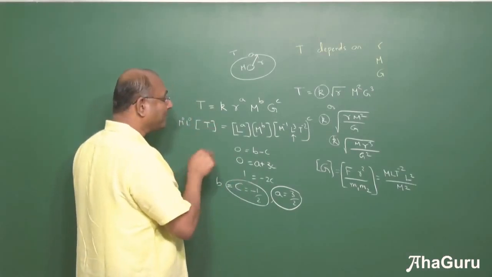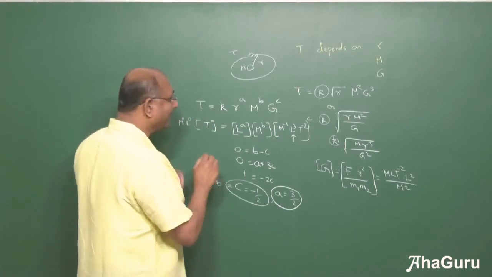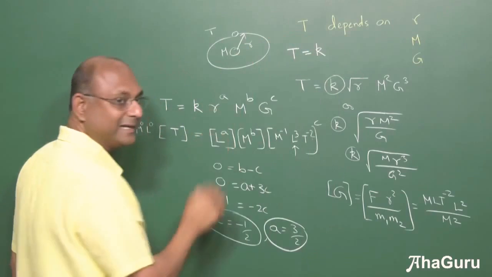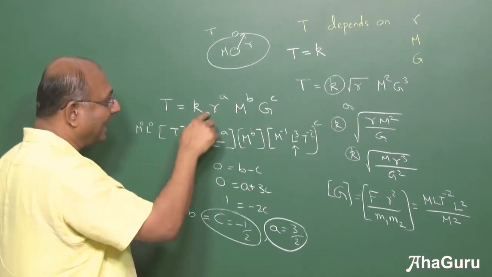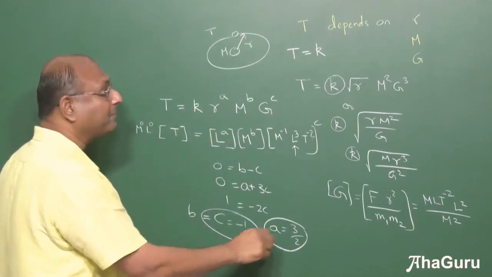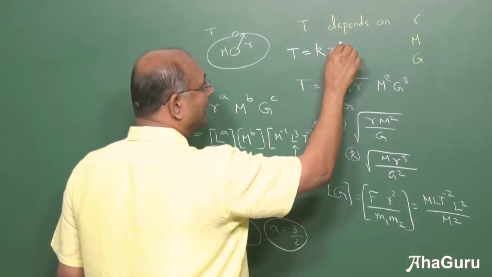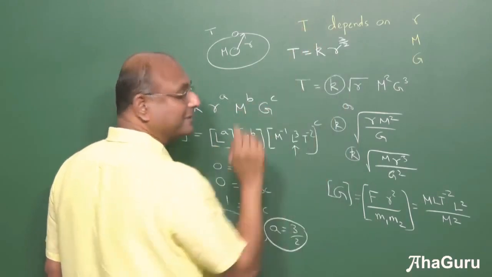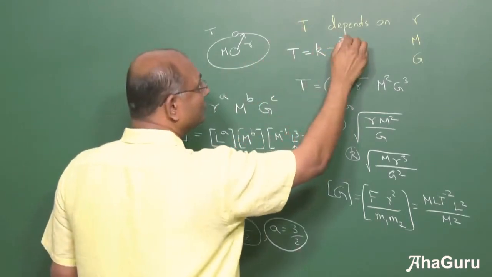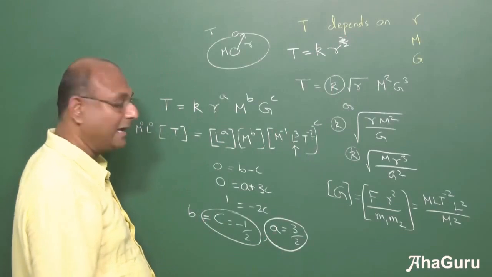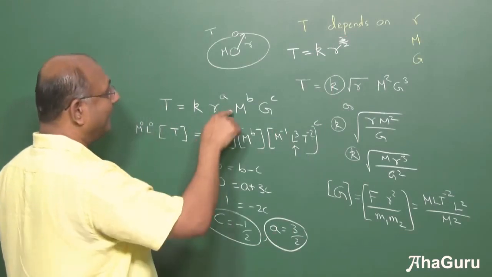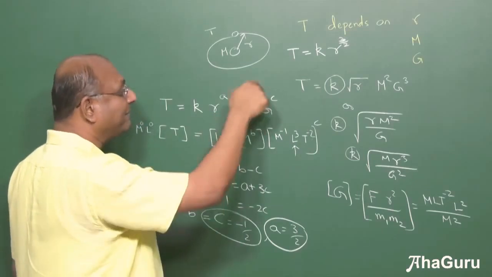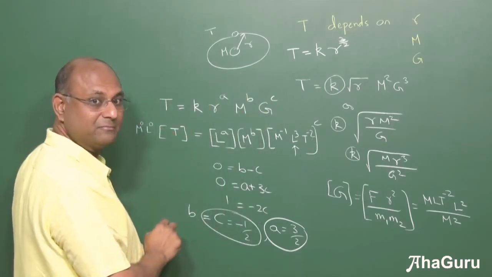Now this is very powerful because it's telling me the exact formula. So now I know T must be equal to a constant k times r power a, that is r power 3 by 2. I am not saying r power something, I am saying r power 3 by 2. So it's a very precise answer. R power 3 by 2, M power b, which is M power minus half, G power minus half, right?